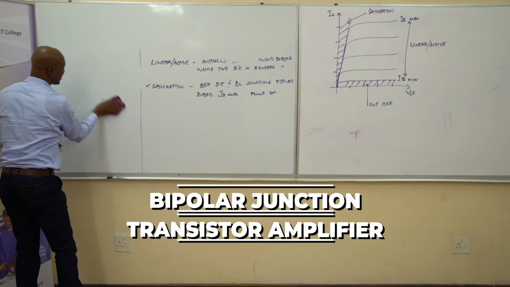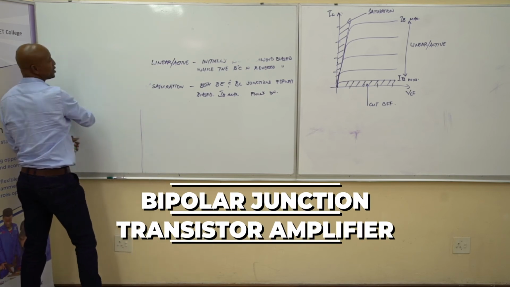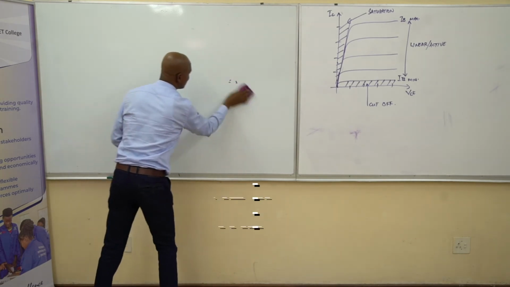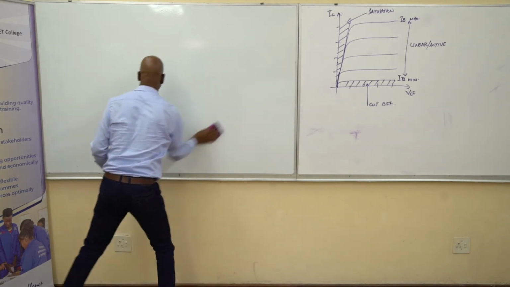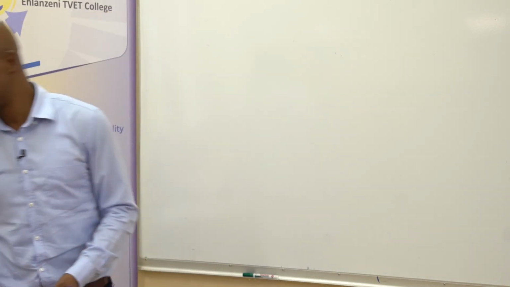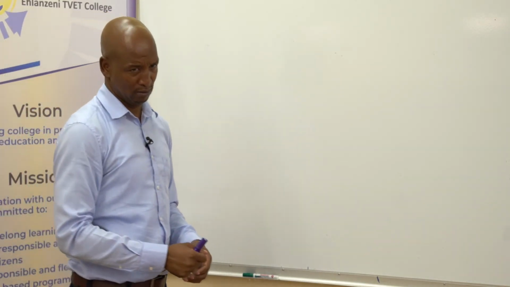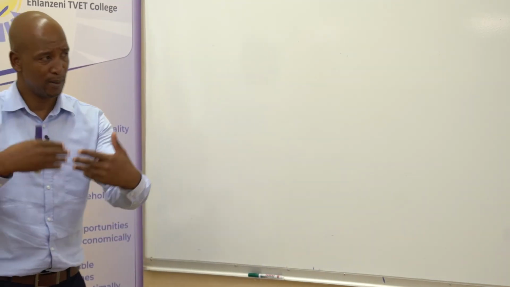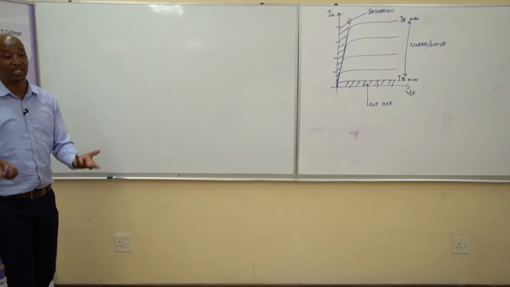And mind you, in this case, biasing is not what you are used to. In electronics, when we talk of biasing, we are talking of this method of identifying voltages and currents.